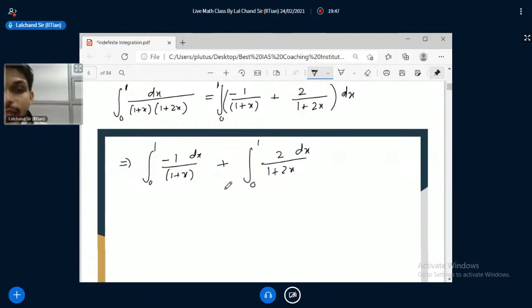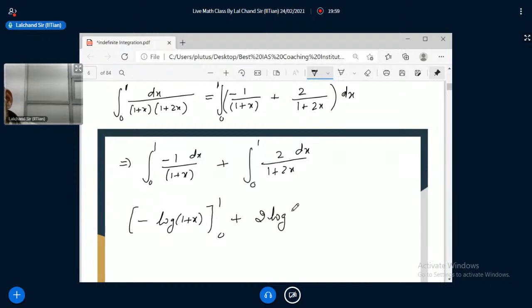Okay, so what is the integral of this term? So minus 1 log of 1 plus x, and our limit will be 0 to 1, plus this will be twice log of 1 plus 2x divided by 2 because of this factor, and the limit will be 0 to 1.